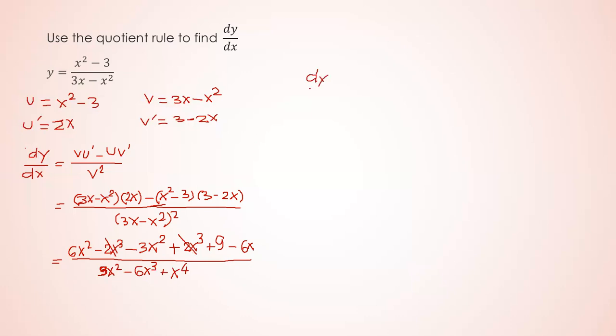So dy/dx equals 3x squared minus 6x plus 9 over 9x squared minus 6x cubed plus x to the power 4.